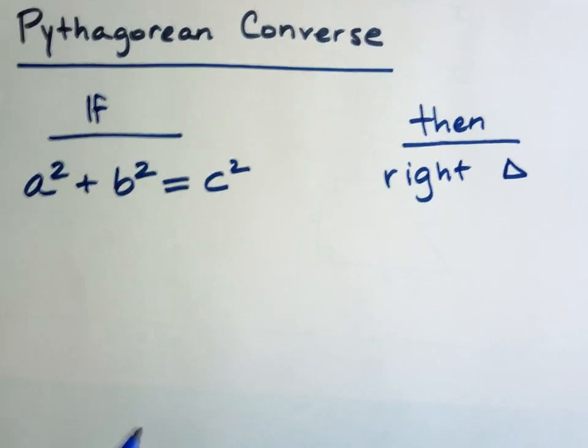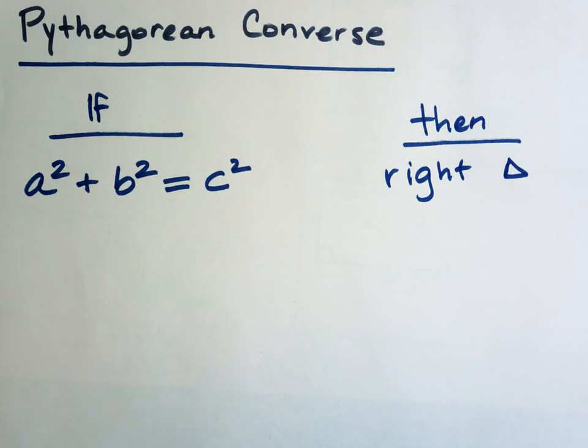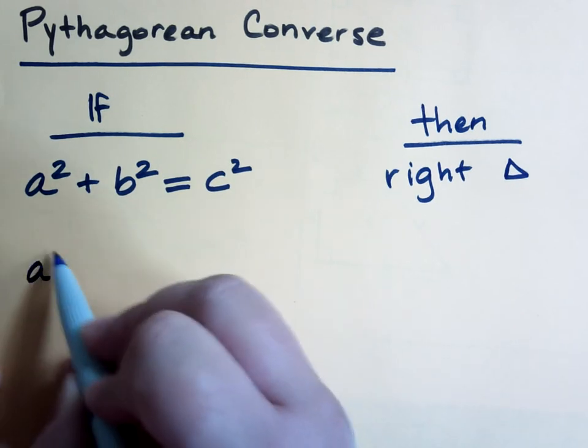However, the Pythagorean converse is a little bit more interesting than that. It also tells me if it's not equal.